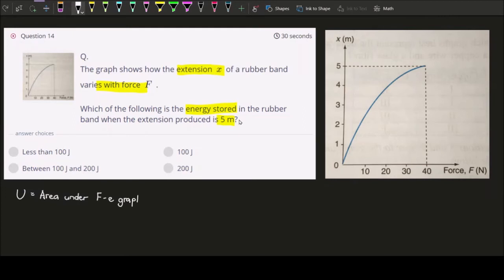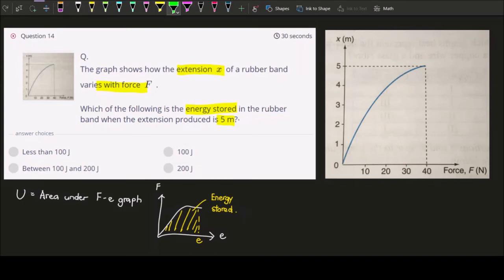If our graph is something like this, if this is F and this is e, then the area under the graph, let's say up until here, will be something like this. This will be our energy stored in the rubber, or you can call it strain energy. The slightly interesting thing now is they flip the axis.